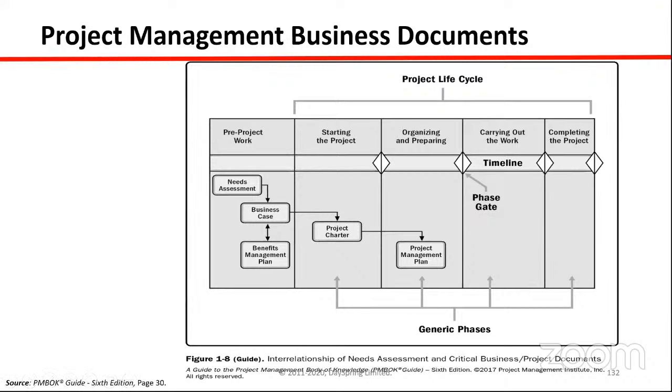But you mentioned that the processes are not the phase, yet here the process groups are starting, executing, organizing, carrying out. After completion of this process, is this actually a phase or a milestone?